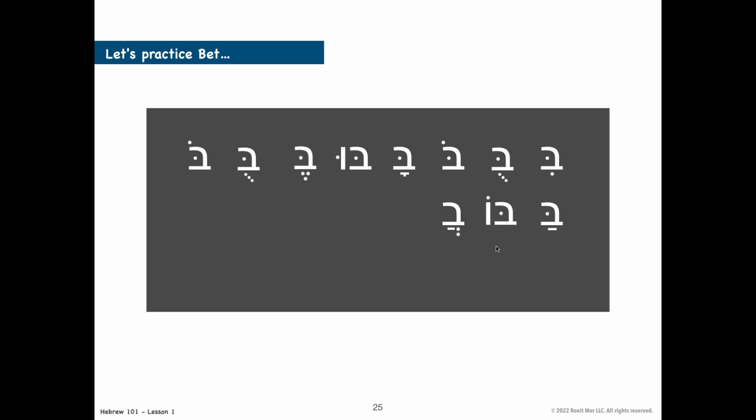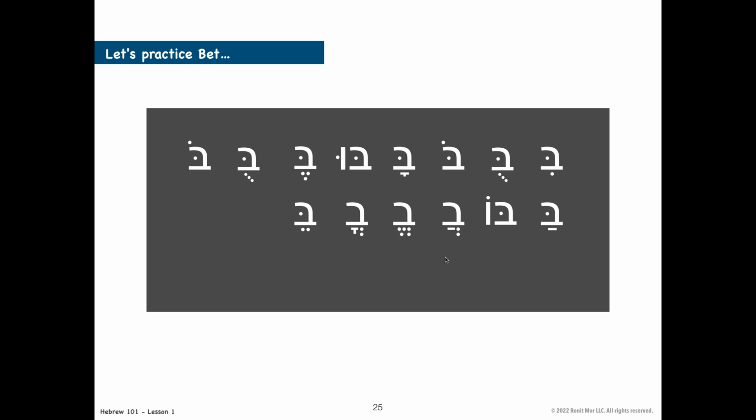Now pay attention here. We have bet without the dagesh in the middle. We don't have a dot in the middle. So va. Yes, exactly. Va, va. This one, ve. Yes. Va. Yes.